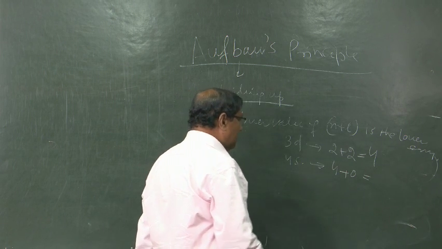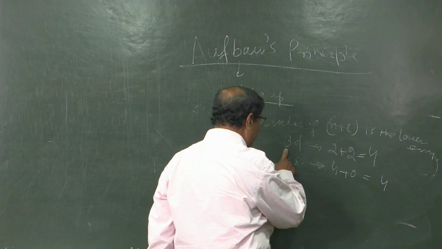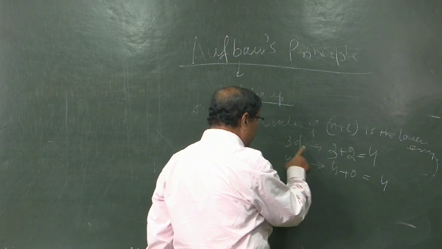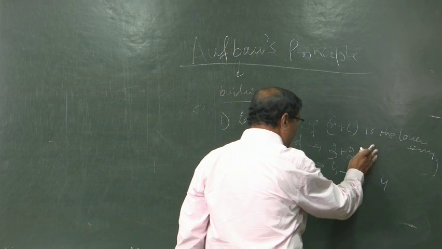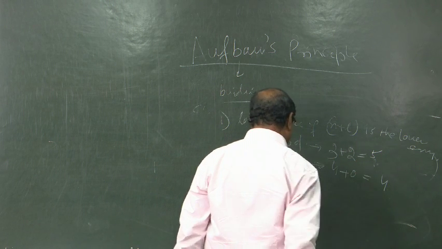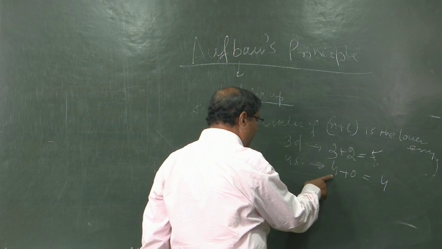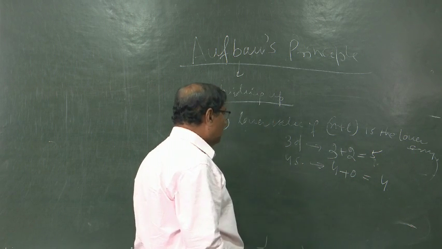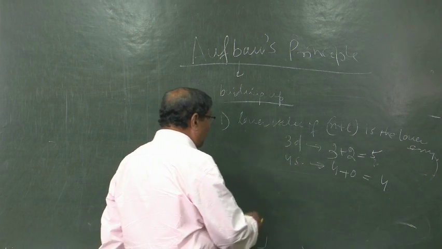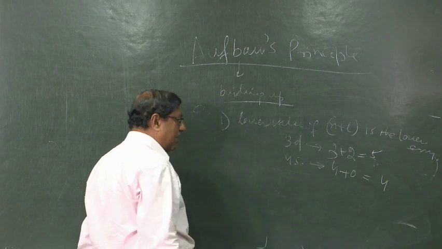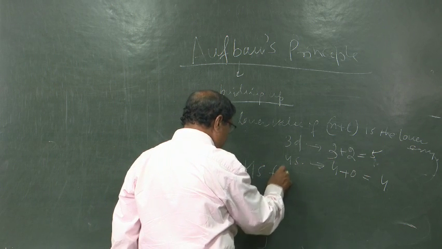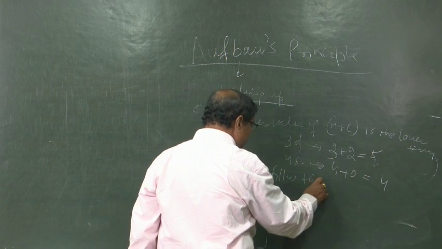Here n is equal to 3 and l for d is equal to 2, that is equal to 5. Here for 4s, n is equal to 4 and l for s is equal to 0, that is equal to 4. So according to this rule, the lower value of n plus l is filled first. So 4s is filled first, then 3d.